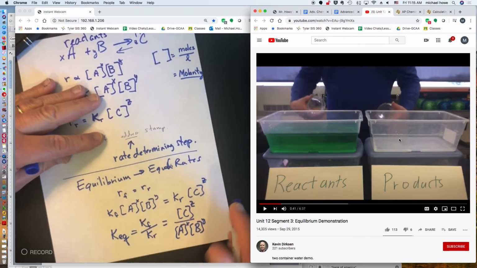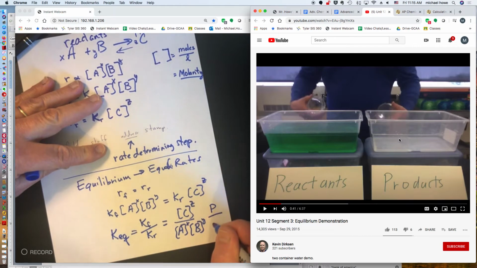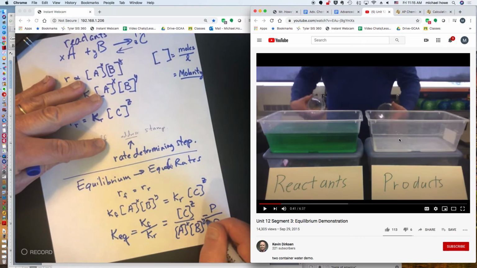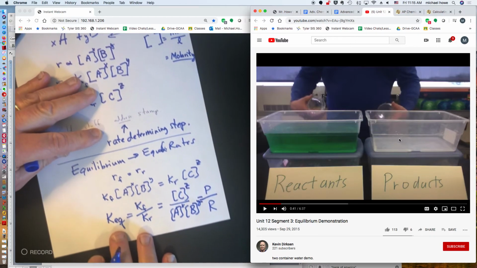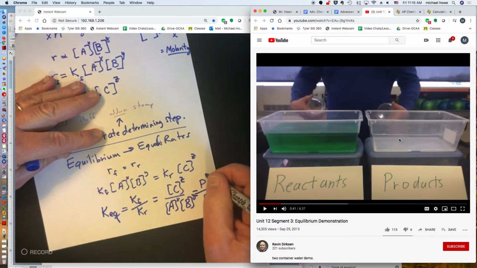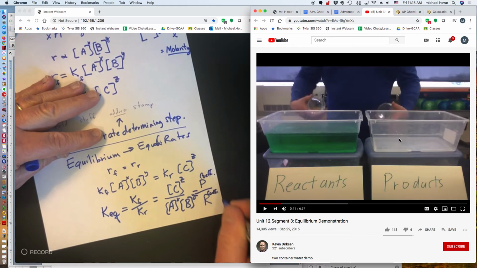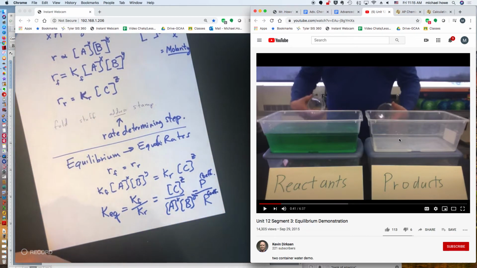So if we divide the products by the reactants, we will get the equilibrium constant. There's an equal sign. Now you have to raise the products to their coefficients. I just put the coefficients up here to remind you. So that is the beginning of how to do equilibrium calculations.